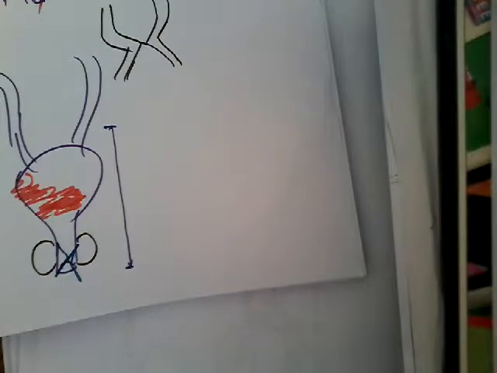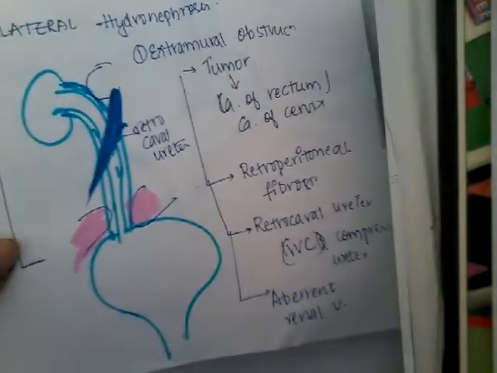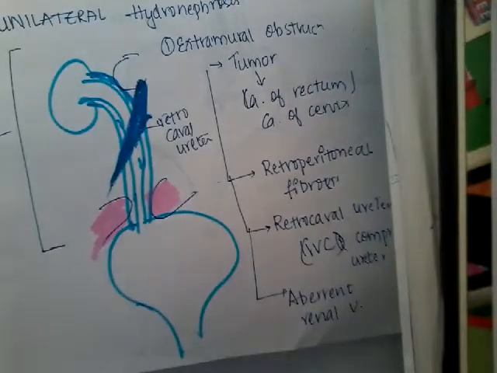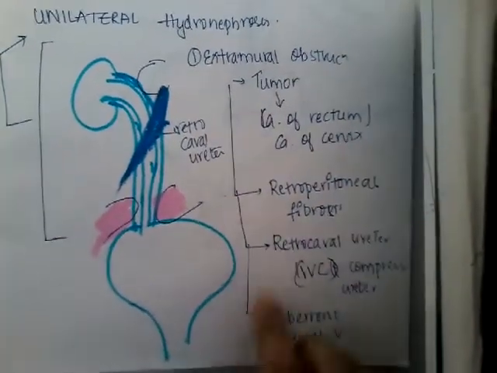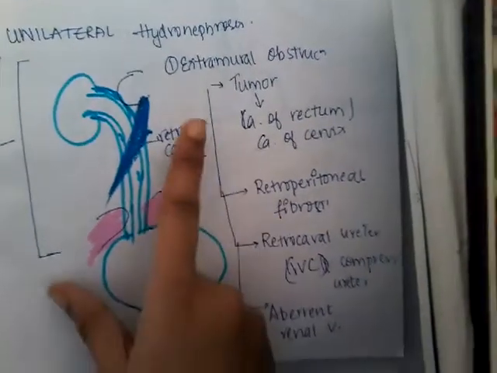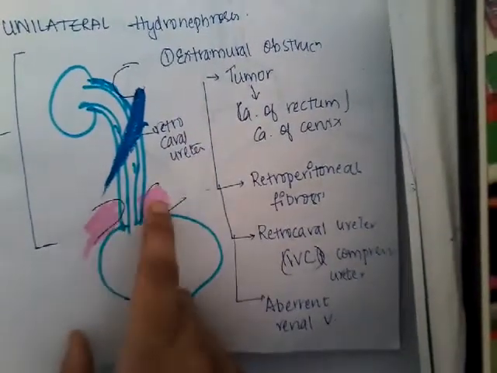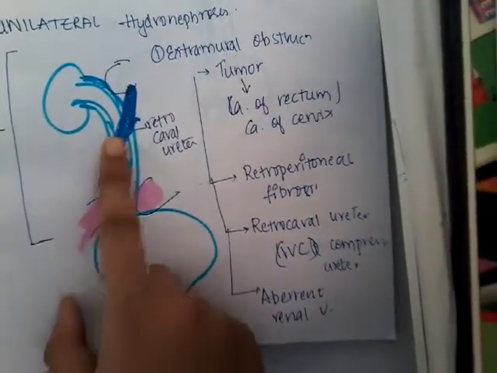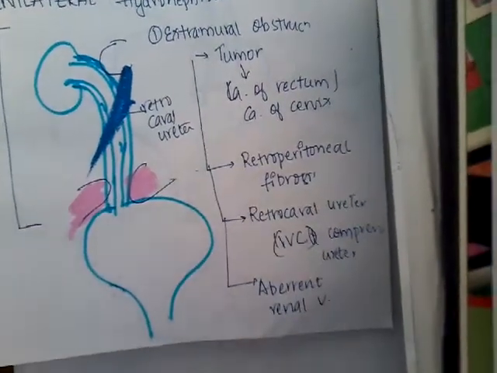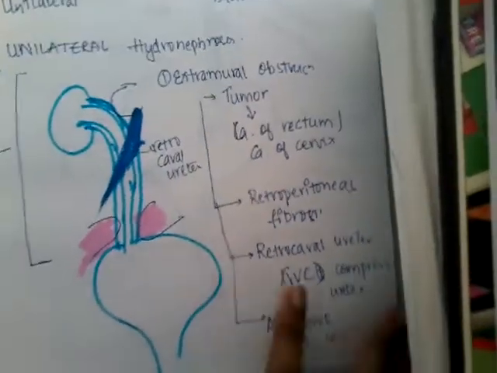I'll just show you in the diagrams which I have drawn and also labeled. So this is my notes. If you want to see unilateral hydronephrosis, it can be extramural obstruction where there can be a tumor. This is the tumor. Or there can be retroperitoneal fibrosis, or retrocaval ureter or aberrant renal vessels.